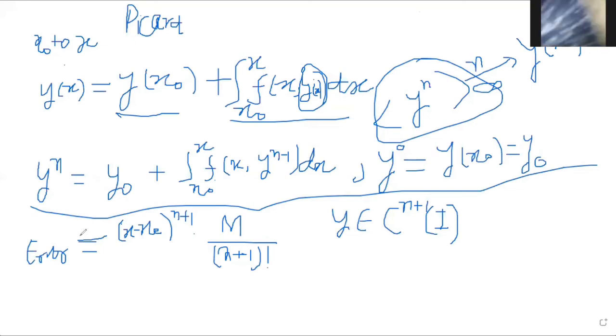So error will be less than or equal to (x minus x naught) to the power n plus 1 times M, divided by (n plus 1) factorial.